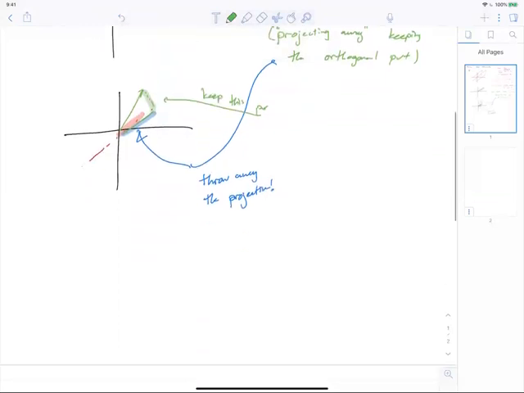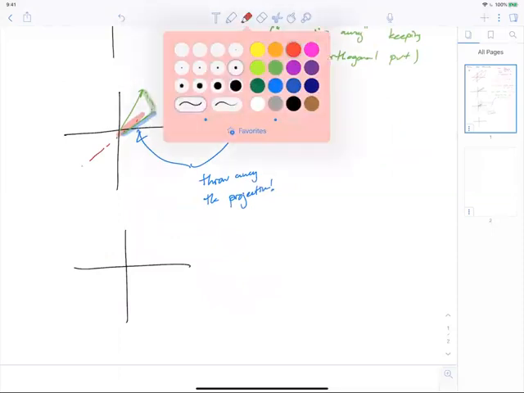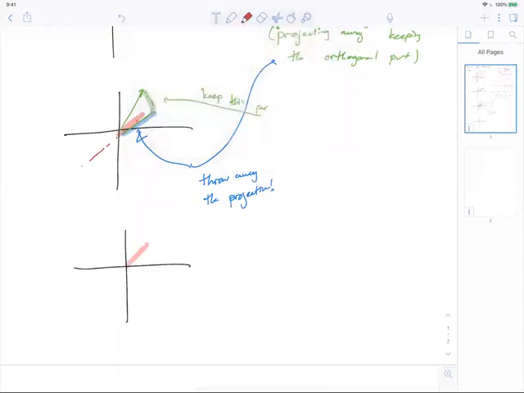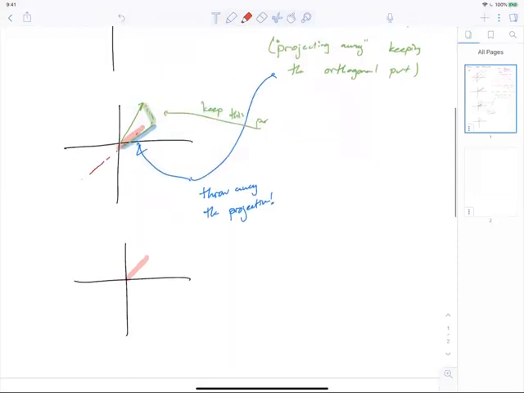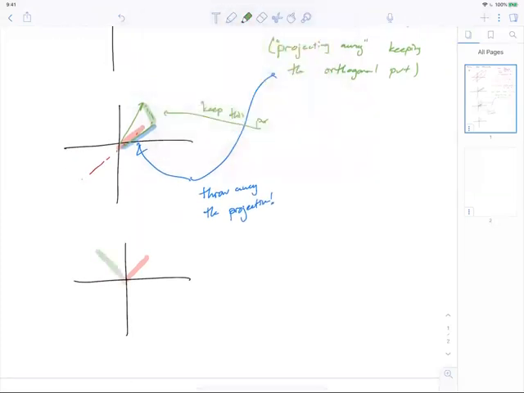So altogether, what does our basis look like now? We have that shortened red vector, that was the first one. And we also have this green vector. The green vector is now orthogonal, but it's not necessarily length 1.